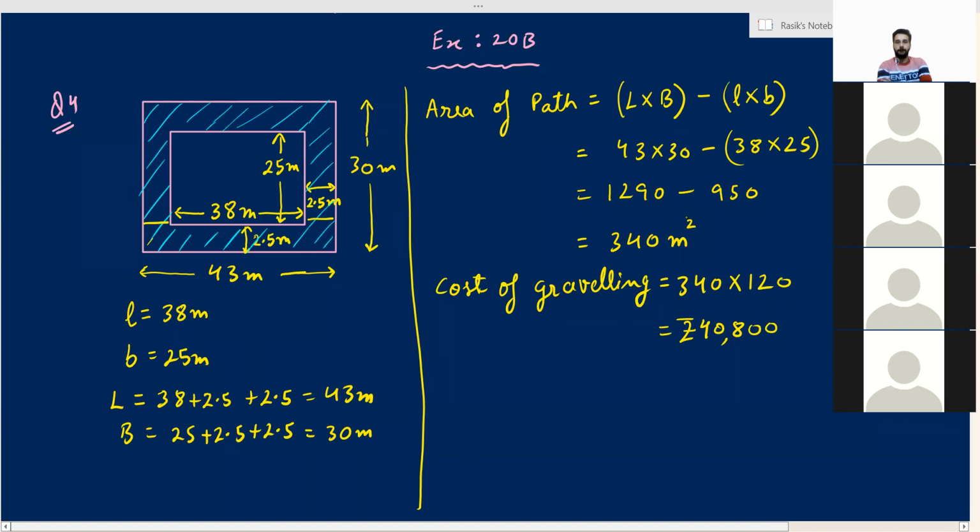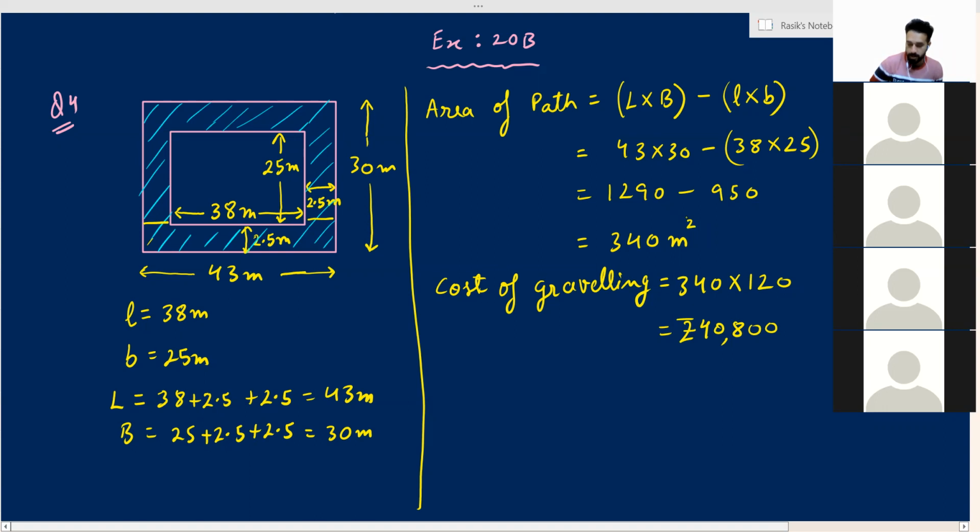Sir, I have also sent on the group. Very nice, beta. All of you, please send your answers in the group. And now start trying question number 5. Don't get confused with the words that they have used. In some questions, they have used the word veranda, they have used graveling the cost. These things do not matter. Somewhere they said saree, somewhere flower bed. This is just to confuse you about what a veranda is. You have to think that the concept will remain the same in all the questions.